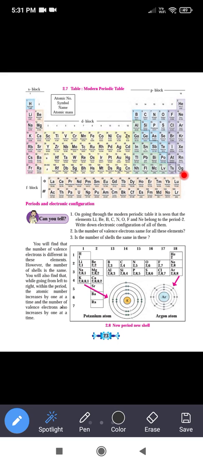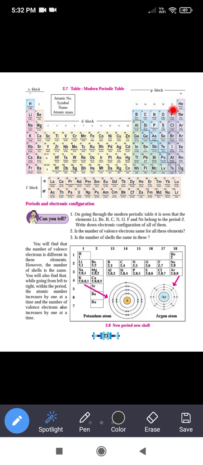These inert gases do not react with other elements at normal temperature and pressure. This group includes helium, neon, argon, krypton, xenon, and radon. They are called the zero group elements because their valencies are zero.